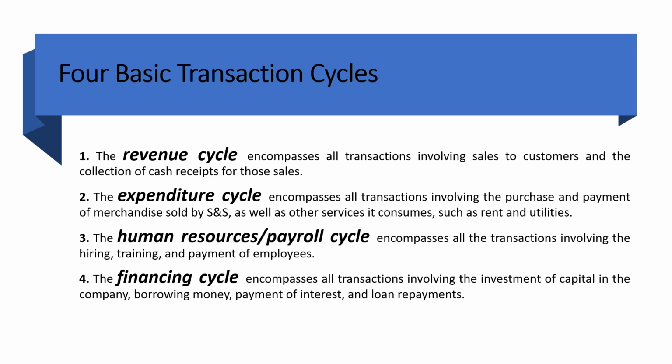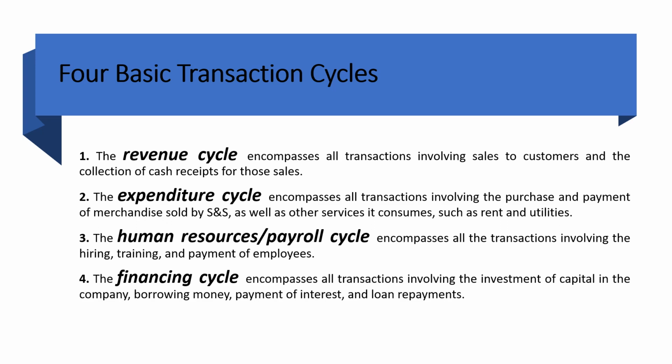The revenue cycle encompasses all transactions involving sales to customers and the collection of cash receipts for those sales, while the expenditure cycle encompasses all transactions involving the purchase and payment of merchandise sold by the company, as well as other services it consumes, such as rent and utilities.